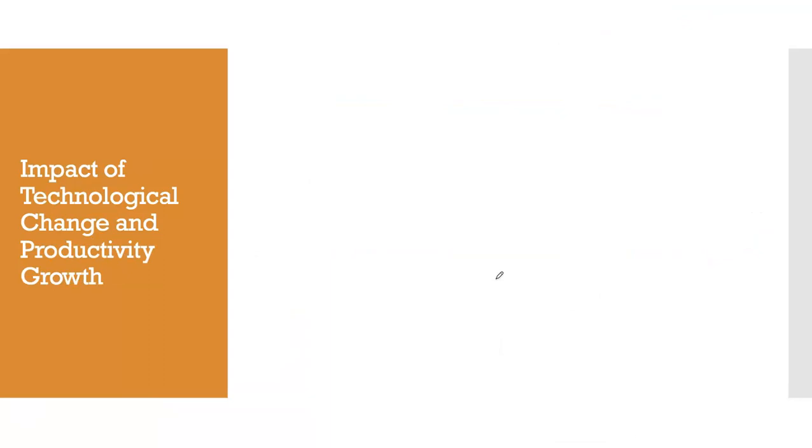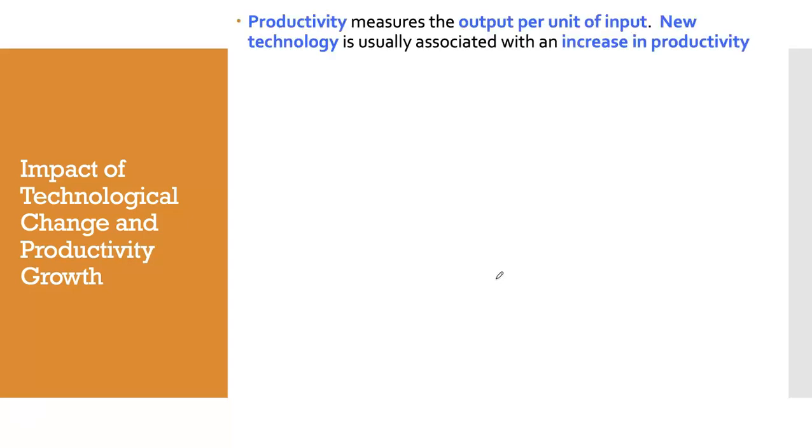Now, impact of technology and productivity growth are actually two factors, but you can, in reality, combine them. Productivity is the measure of the output per unit of input. How much are we producing with the resources we have? Now, why are these interlinked?